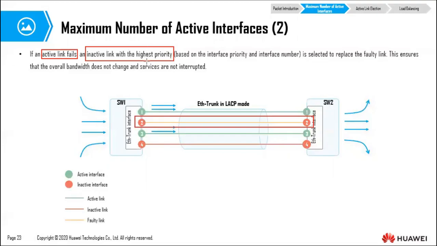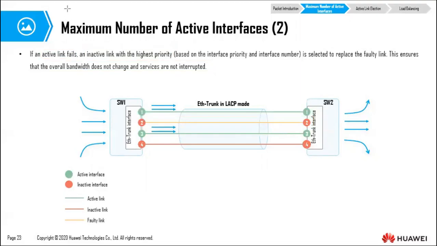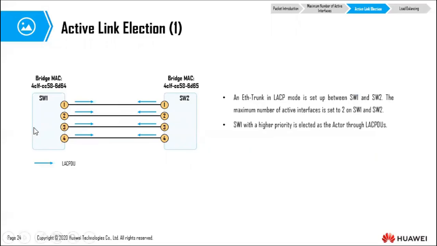Yes, the inactive link with the highest priority is selected to replace the faulty link. So this ensures that the overall bandwidth does not change and services are not interrupted. And so it provides that consistency.